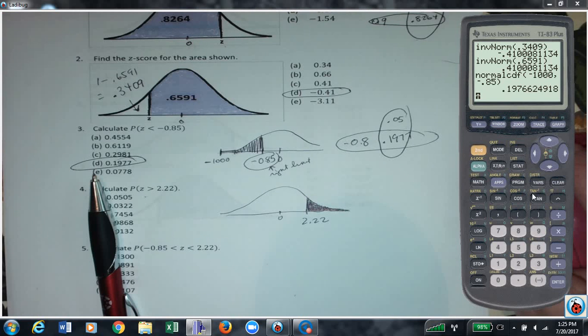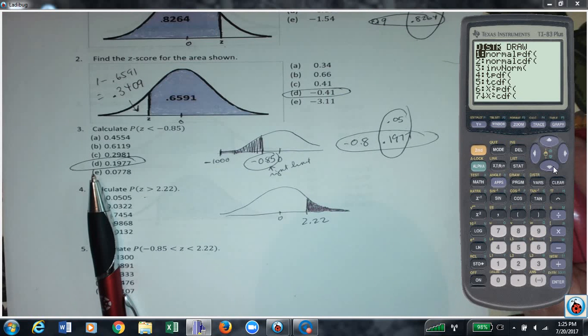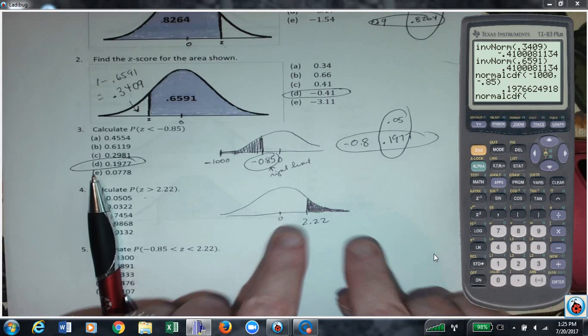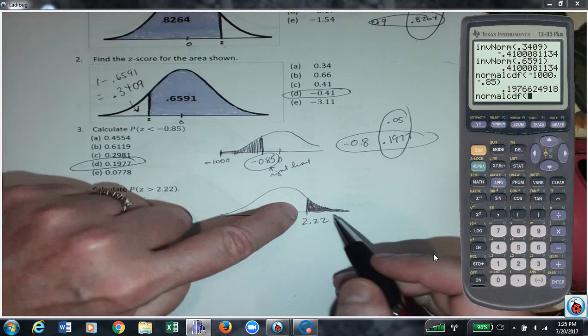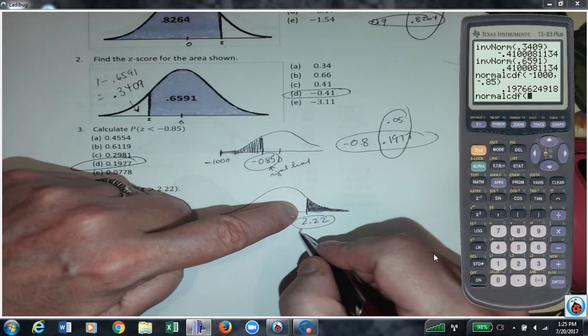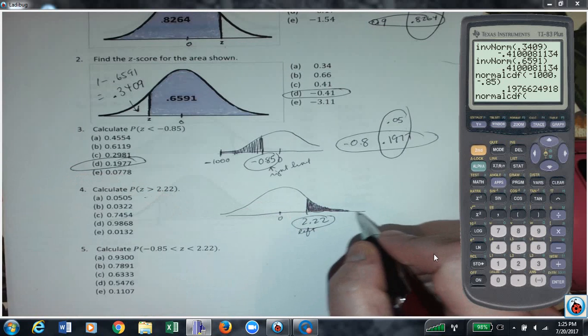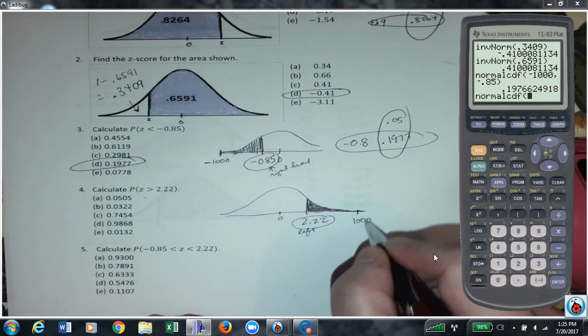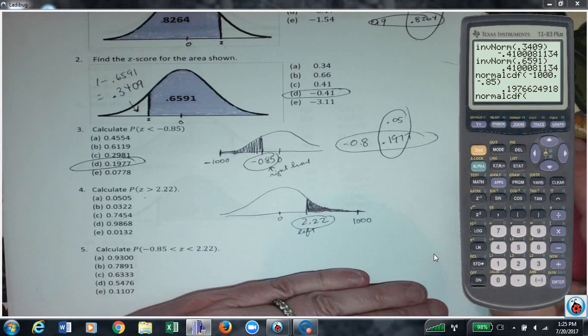I can do second vars, and again, go to the second selection. And if I want this shaded region, I have to give it a left limit, and I have to give it a right limit. And so here, let's just be safe and give it a z-score of, say, 1000.